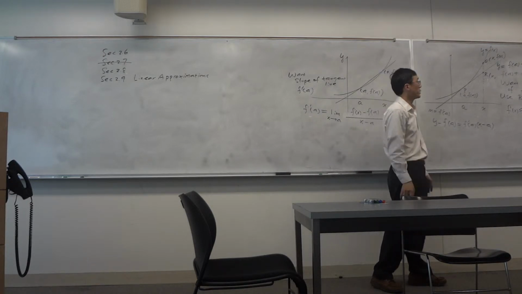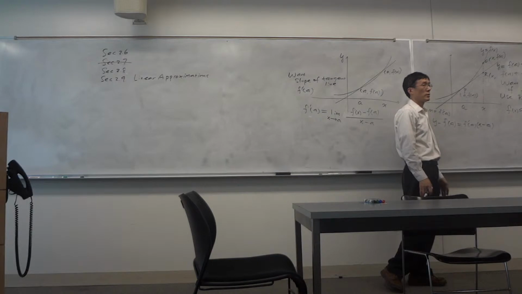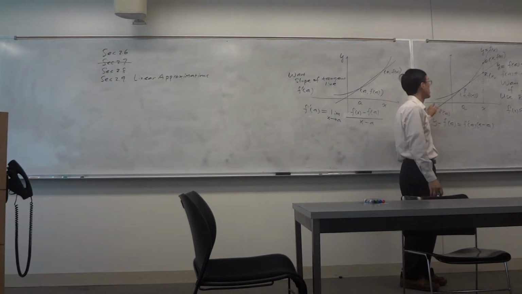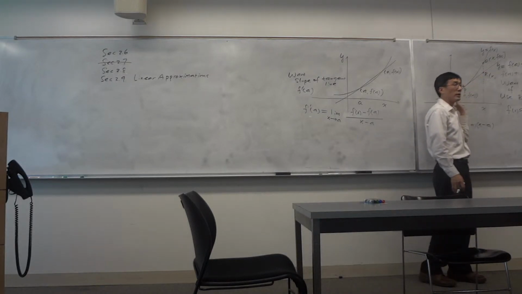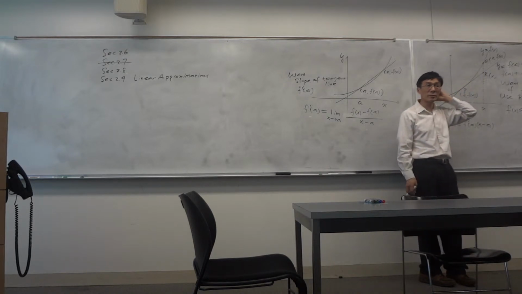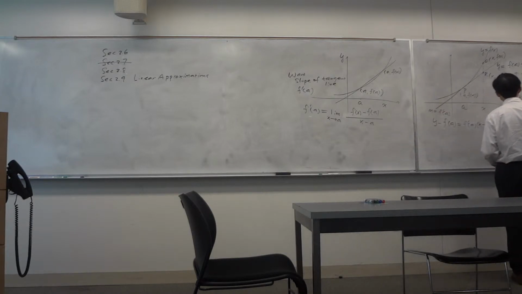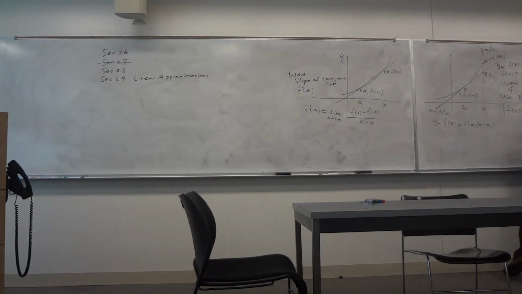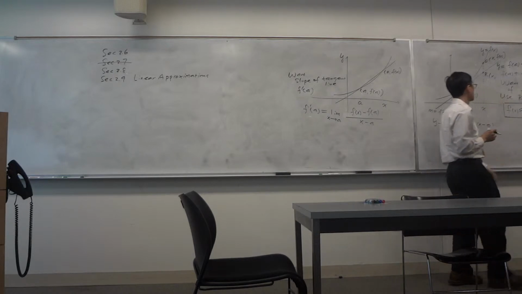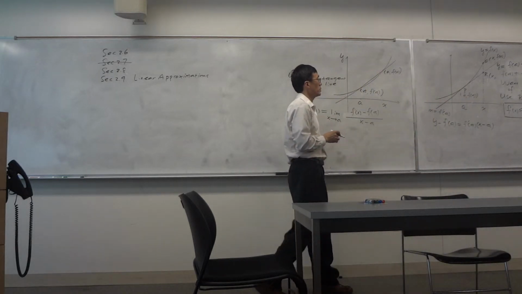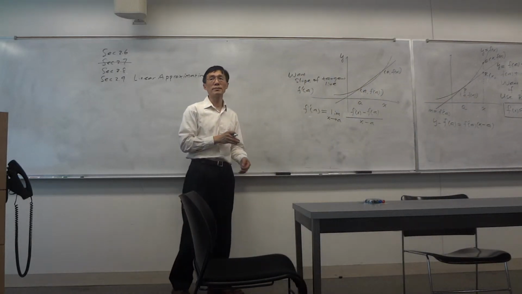Why is this called a linear approximation? Because we're using a line, a linear line, to approximate a curved function. And once again, this is worth putting in the box. So this is the main formula for this section.